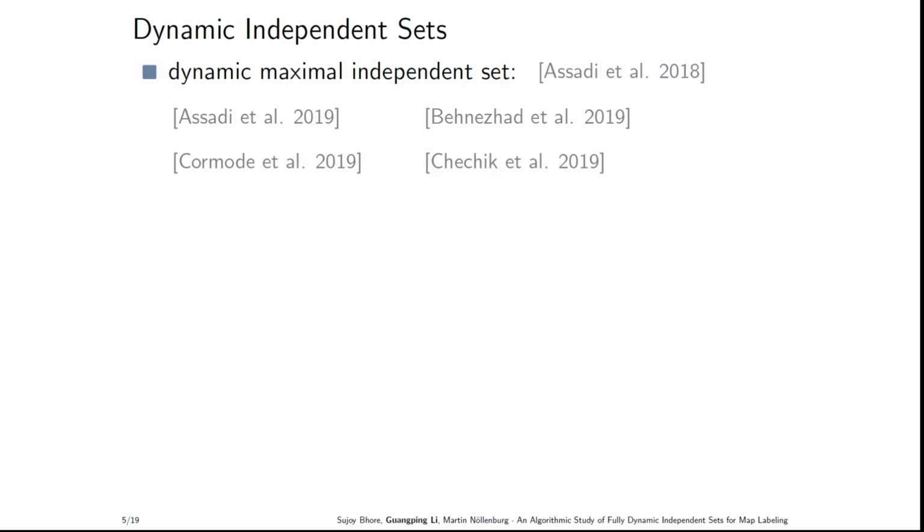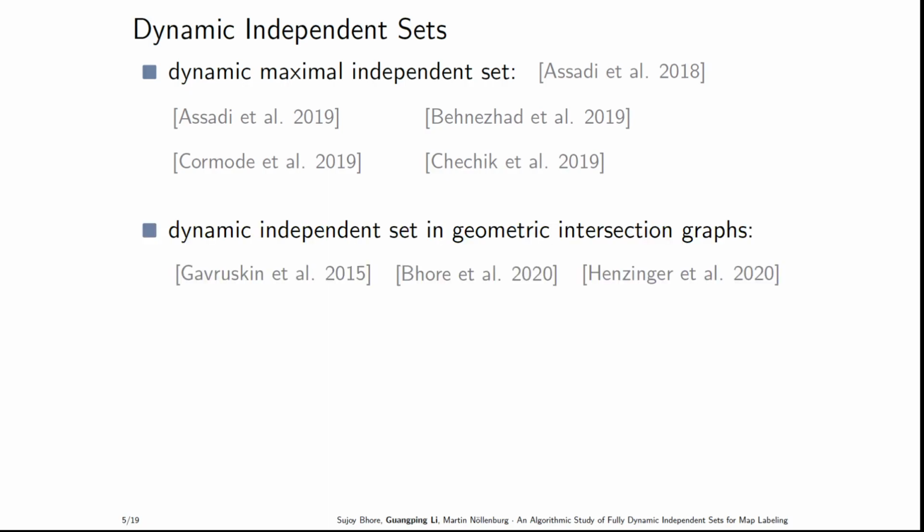The maximal independent set problem on dynamic graphs has attracted significant attention in the last 2 years. There are several works on independent set problems in geometric intersection graphs. We want to point out that recently, Henzinger and her group studied the dynamic maximum independent sets for intervals, hypercubes, and hyperrectangles.